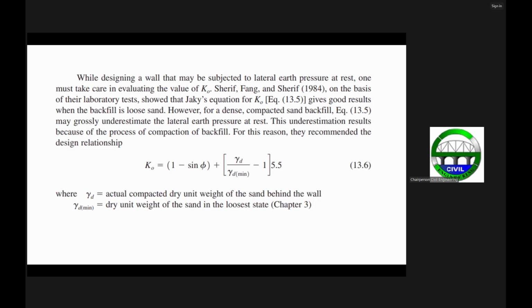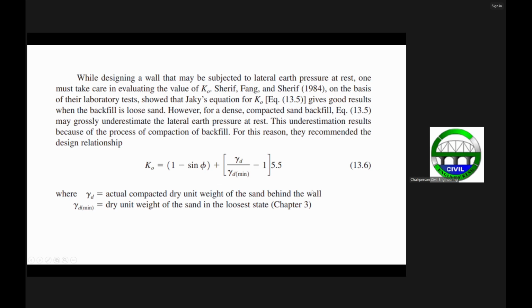For this reason, they have recommended this equation here. As this is now Jaky's equation, they just added this term where gamma sub d is the actual compacted dry unit weight of the sand material behind the wall.